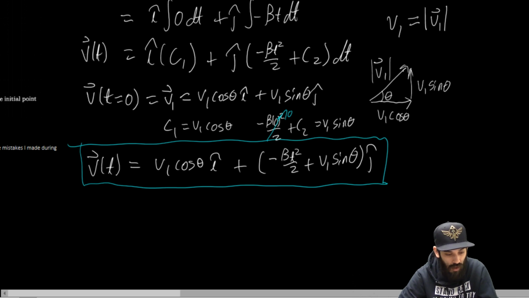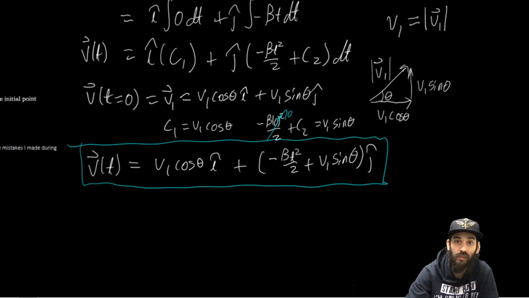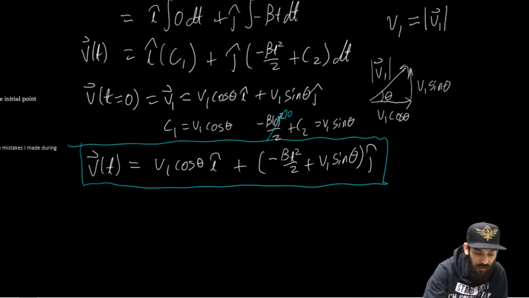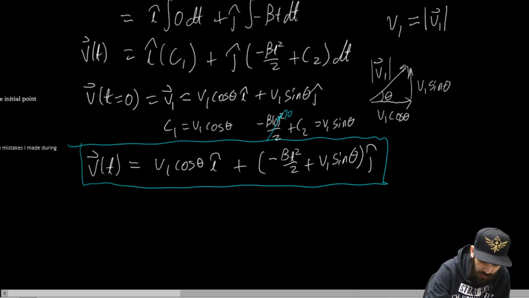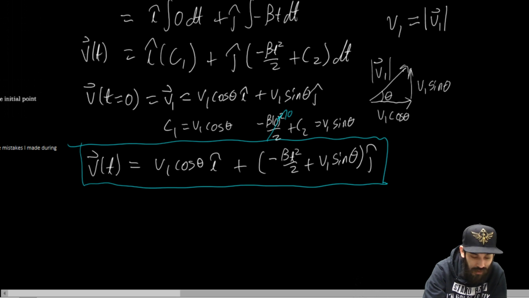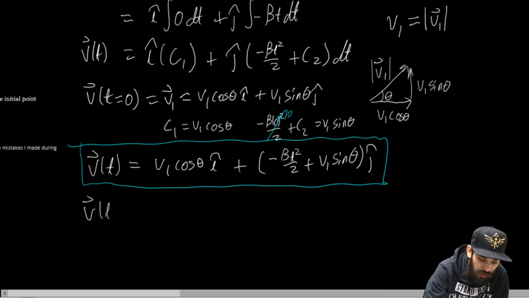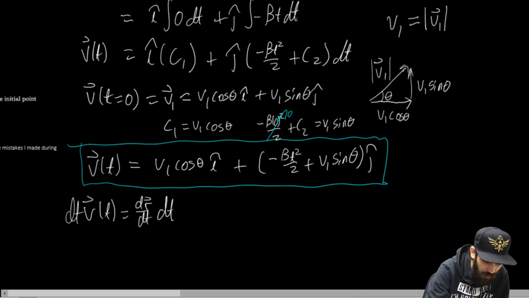Now, the last part that we need to do for this is we need to determine what our position vector is. So to determine our position vector, same process we've gone through plenty of times. We say that the velocity vector, v vector of t, is equal to dr dt. Multiply both sides by dt, and we integrate.